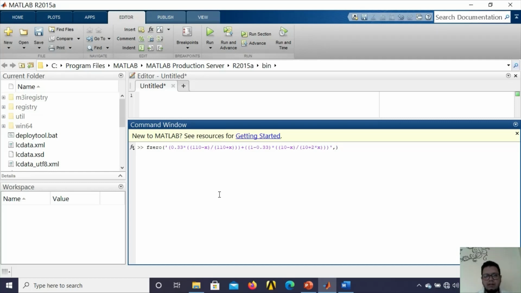Now I should give the lower limit and upper limit: the lowest possible and the highest possible thermal conductivity of the nanofluid. If you see the physics behind alloys and composites, when you mix two metals or two compounds, the thermal conductivity of the resultant substance will always lie between the lowest and the highest.